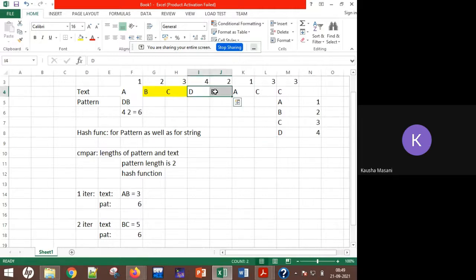We know that in the fourth iteration, we will get our required pattern DB, because the hash value will match. If we go for the third iteration, what is the text?